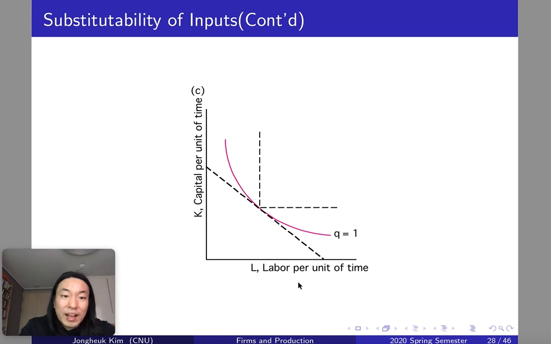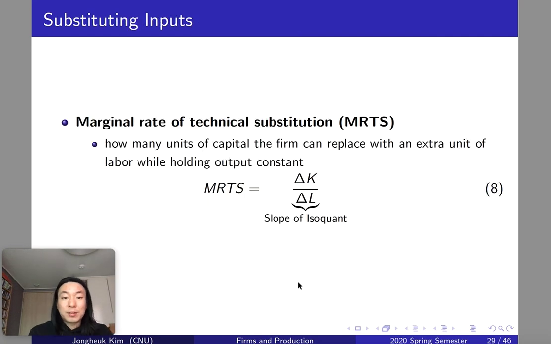So we cannot have a specific solution for the perfect complement case. And we have only one solution for the perfect substitute case. And usually, in a common isoquant curve, the slope of the isoquant curve can be varied over the point. So at each point, they will have a different slope, which means that they have a different MRTS.